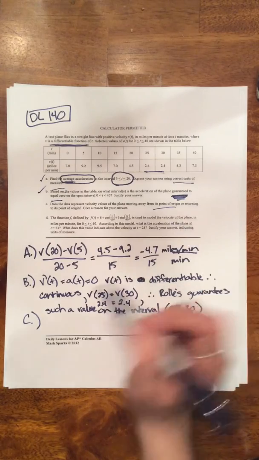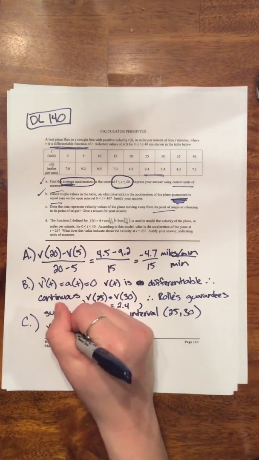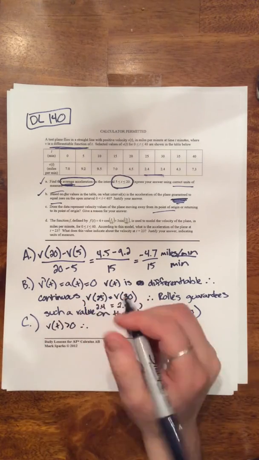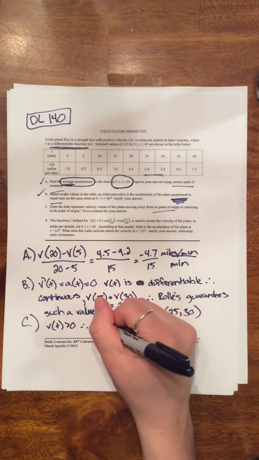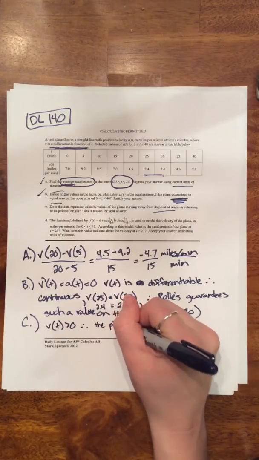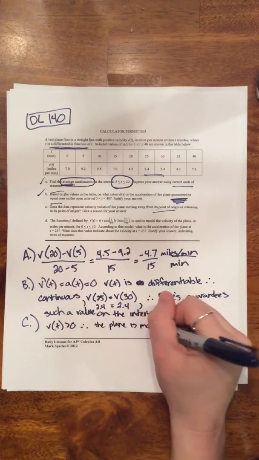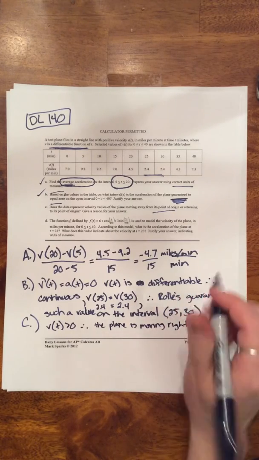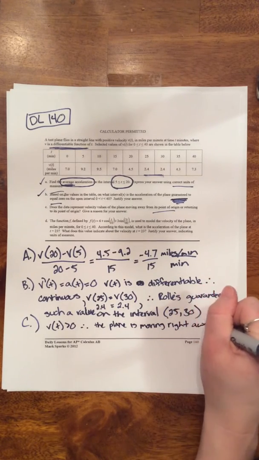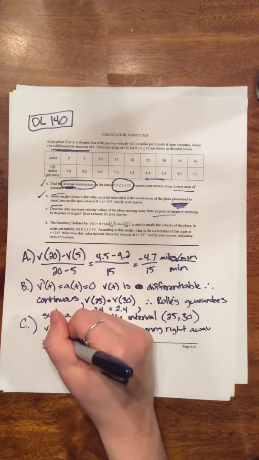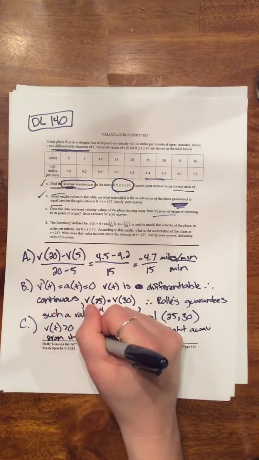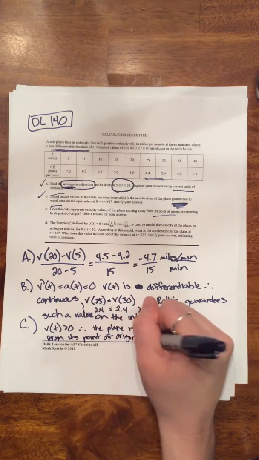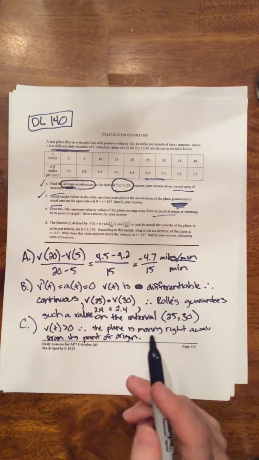So I'm going to say V of t is positive, therefore the plane is moving right, away from its point of origin, and is flying in a straight line.